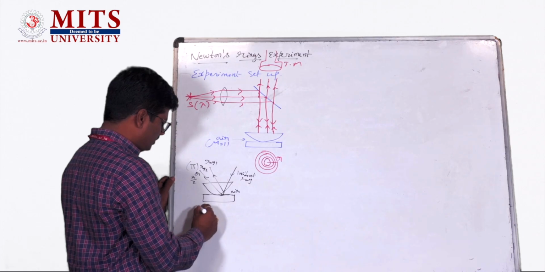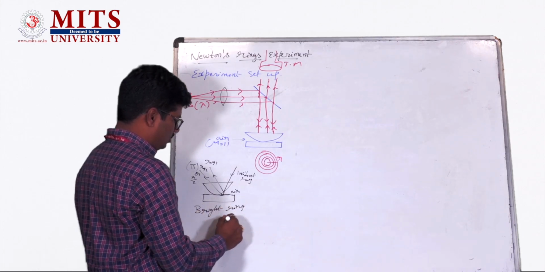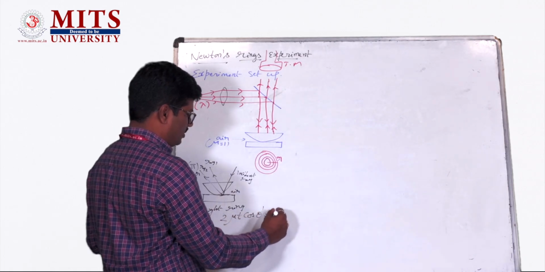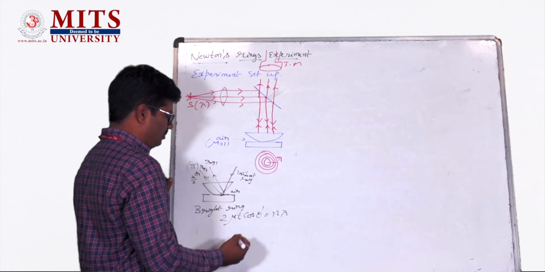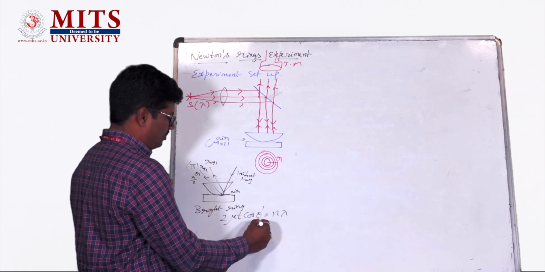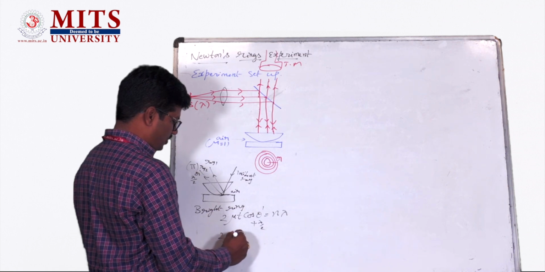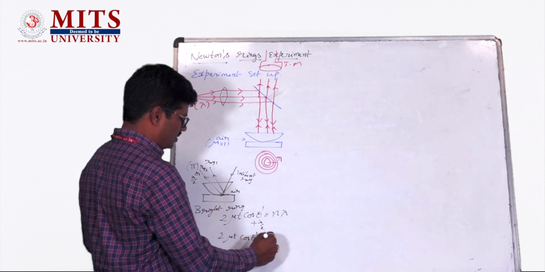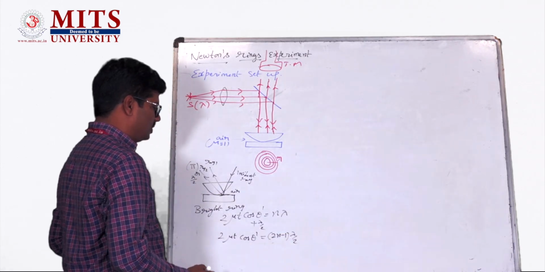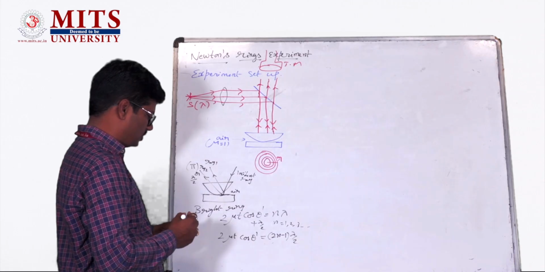The condition for a bright ring is 2 mu t cos theta dash is equal to n lambda. But since there is an additional phase change here of lambda by 2, this equation becomes 2 mu t cos theta dash is equal to (2n minus 1) into lambda by 2, where n is equal to 1, 2, 3, and so on.